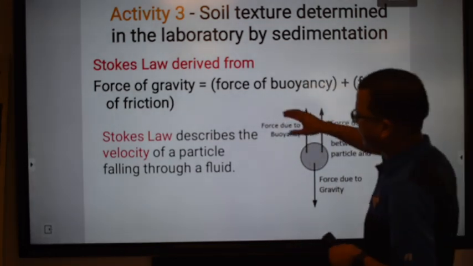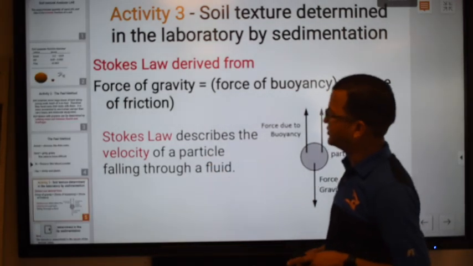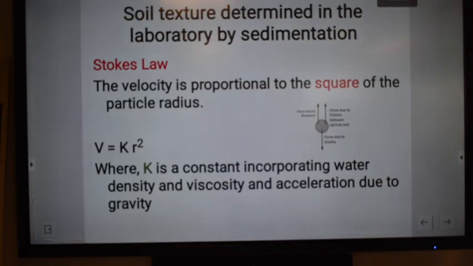In our case, the fluid will be DI water. That's what we are trying to do in our lab today.